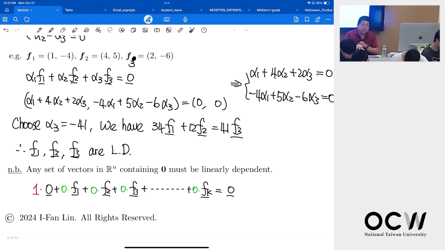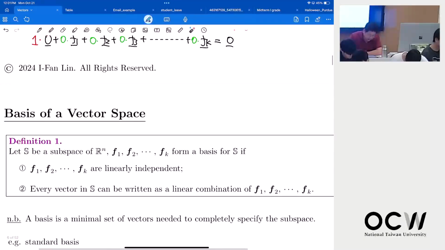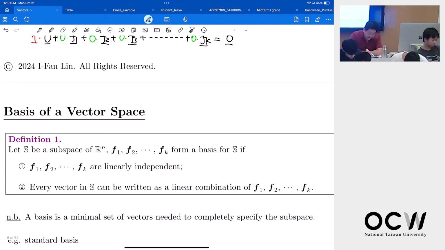Next one. Let's see what a basis is. This is very important. The basis for a vector space. We say that S is a subspace of Rn. Then f1 to fk will form a basis for this S if they have these two criteria.